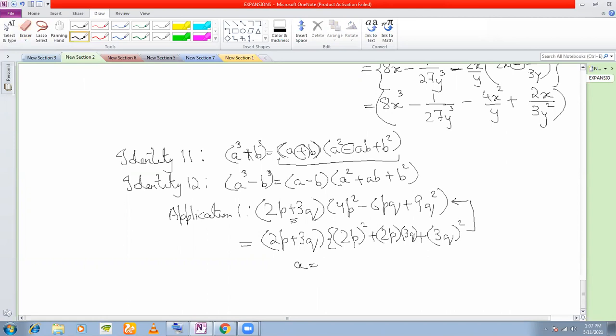If I take a is equal to 2p and b is equal to 3q, this is a cube plus b cube. So this is 8p cube plus 27q cube. And that is your answer. Second application.